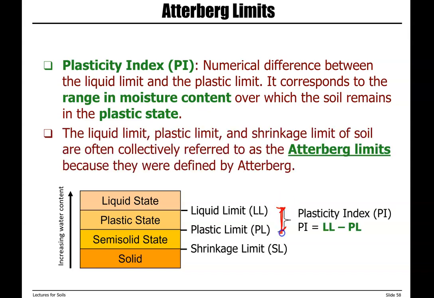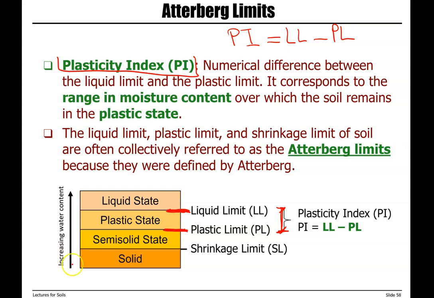So this range from liquid limit to plastic limit is called plasticity index, which is the numerical difference between the liquid limit and plastic limit. So plasticity index, the range within which soil is a plastic material, is liquid limit minus plastic limit.